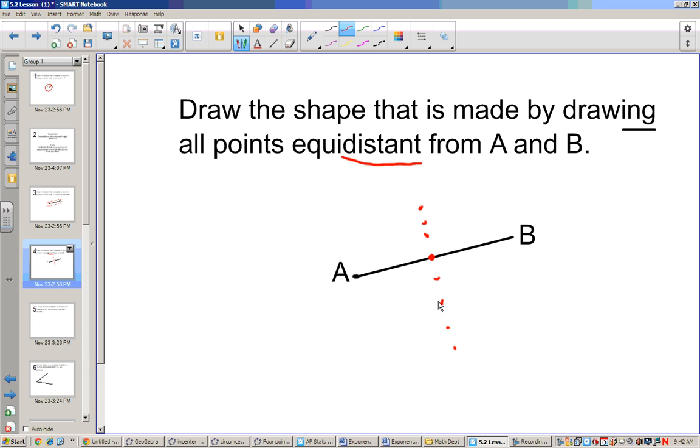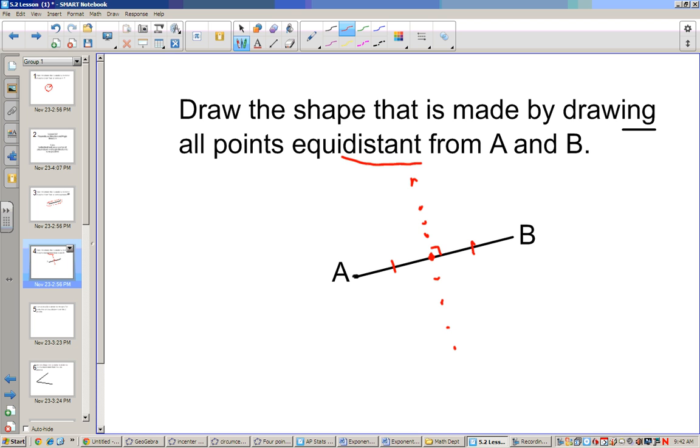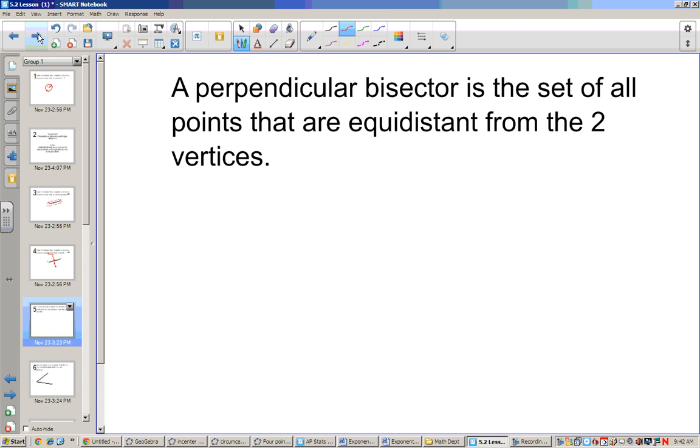Notice how that's going to create a line, and that line is going to cross right in the middle, so it's going to cut AB in half. It also looks like it's going to be perpendicular. So a perpendicular bisector is the set of all points that are equidistant from the two vertices. Every point that's the same distance from A and B will be on that perpendicular bisector.